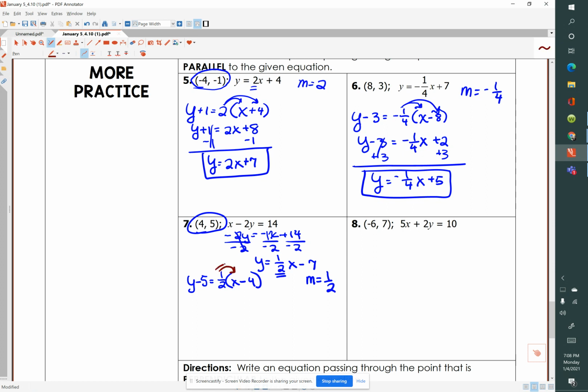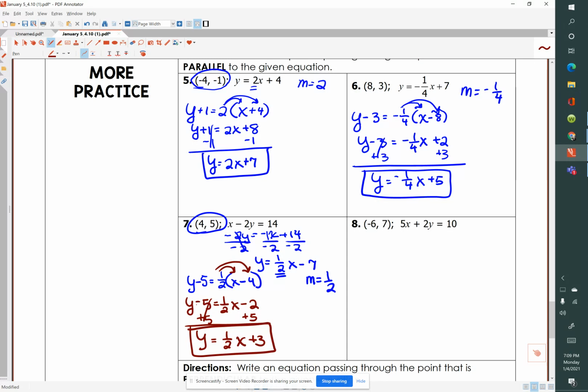Let's distribute the 1/2 through to the quantity in parentheses, which gives us y minus 5 equals 1/2 x minus 2. 1/2 times -4 is -2. And then we add 5 to each side of the equation, which will give us y equals 1/2 x plus 3. And that's the final answer.